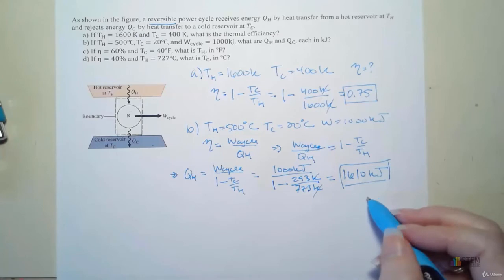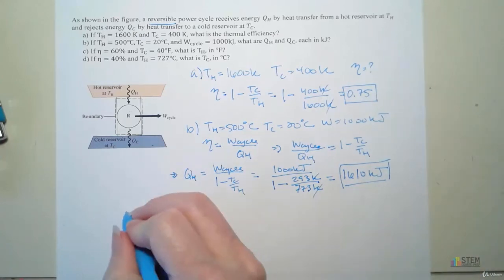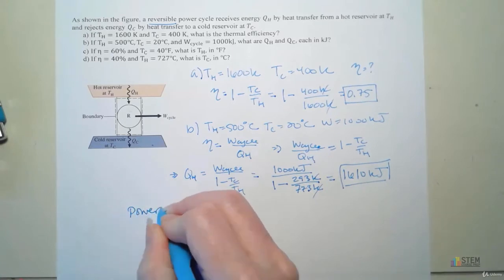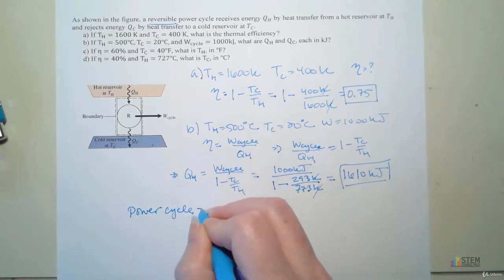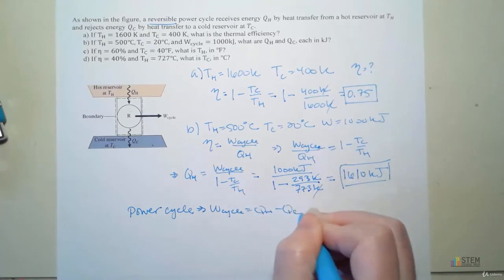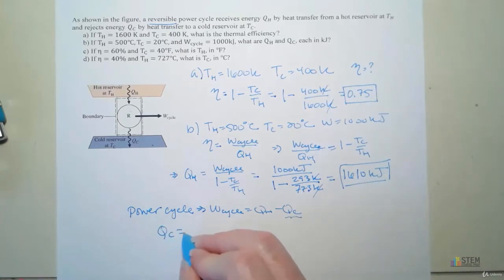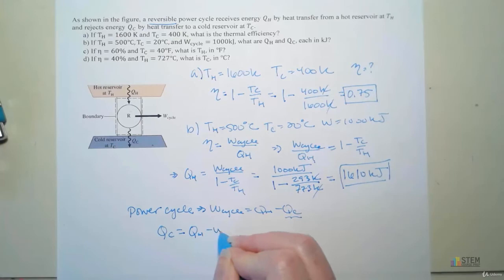Now we also need to find QC. We need another equation. We know for any power cycle that the work for the cycle is going to be QH minus QC. Now if we take this equation, solve for QC, you're going to get QH minus the work of the cycle.